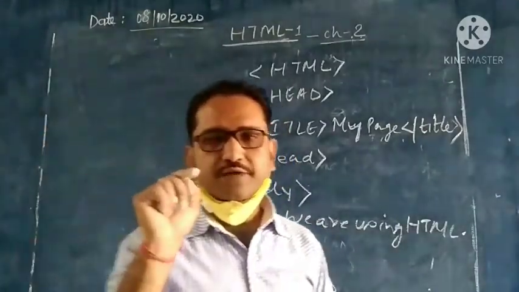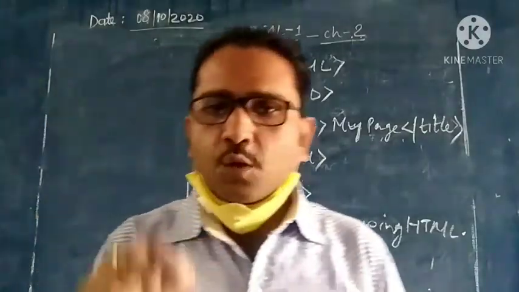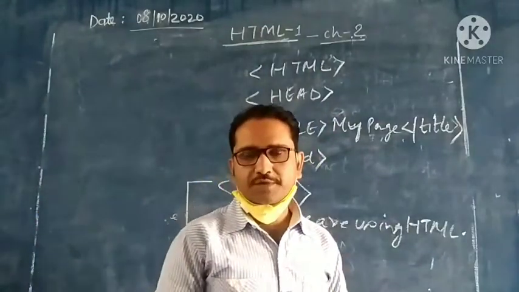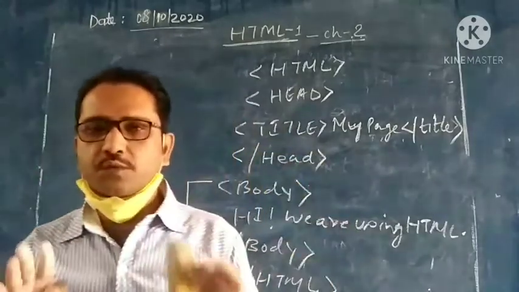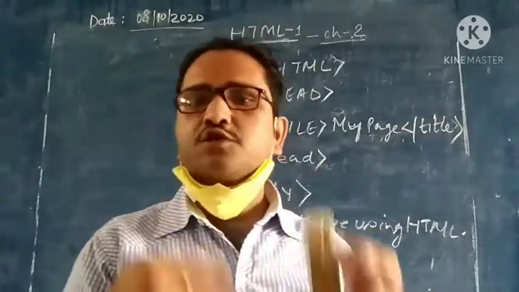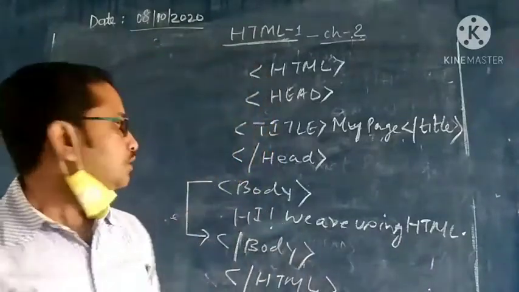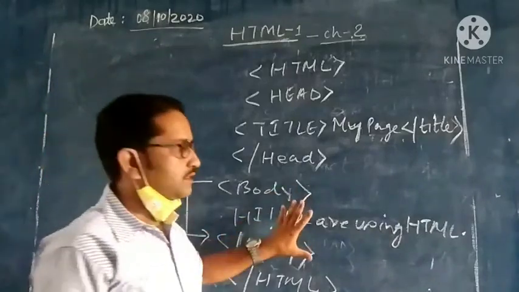We click that file, the whole path will come, and after that the OK button is pressed. After pressing the OK button, the whole page, the HTML you have created, is shown there. So this is the way we write HTML.